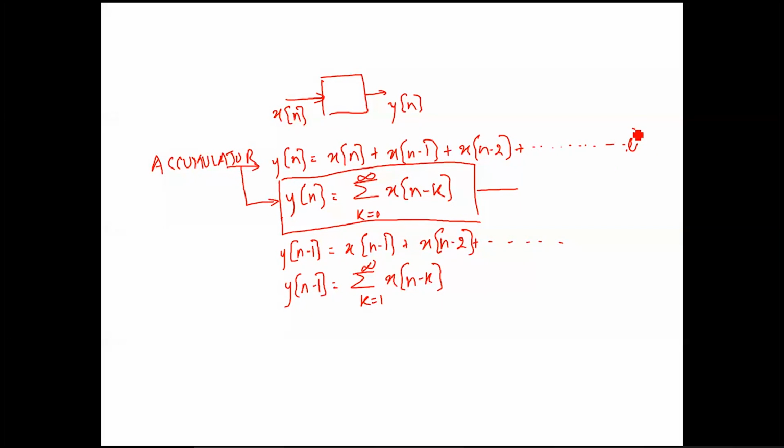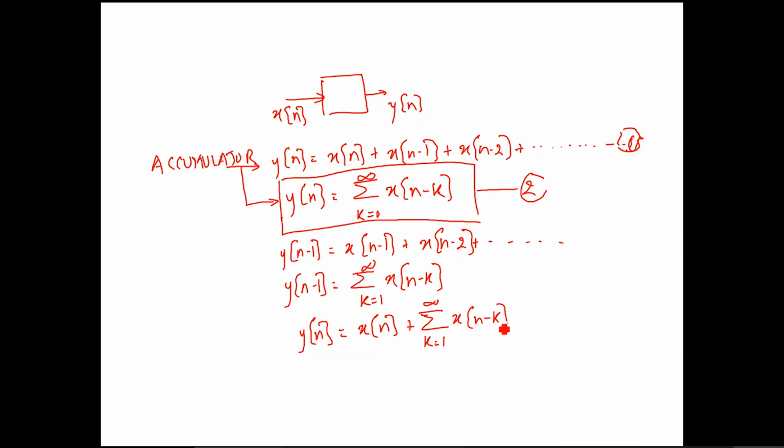Sorry, this is equation 1, this is equation 2, and if we just see this equation 2, we just open this summation up, we can just take the last term out and write it as y of n is equal to, from the summation we just take the last term out, it will be x of n minus 0, or simply x of n, plus the sum of k equal to 1 to infinity x of n minus k.